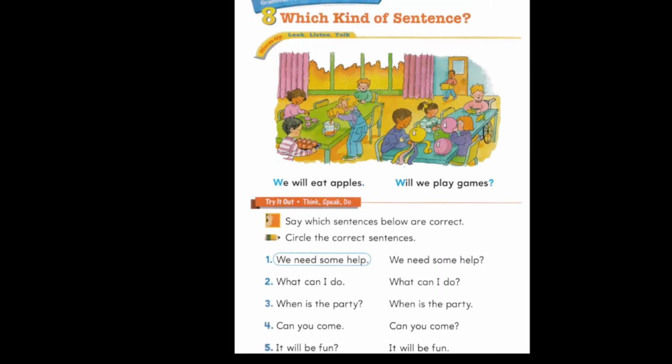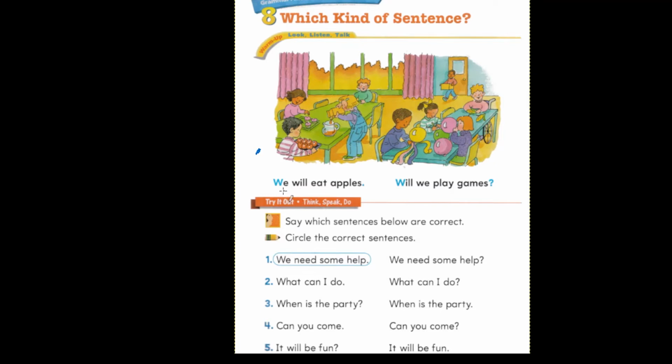As you could see, it's which kind of sentence. This is going to be our review worksheets for this video. I will use maybe blue. Let's look at the picture. It looks like they're having a party, right? Let's read our example sentences.